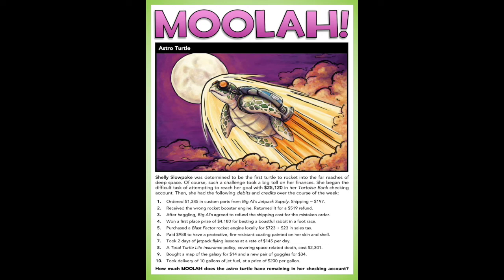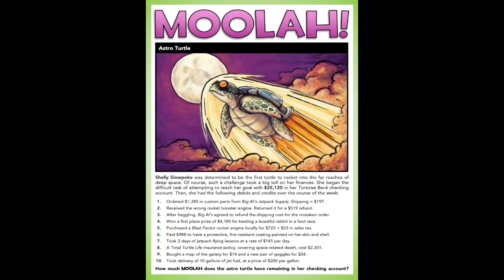Okay, ready? Step 6, paid $988 to have a protective, fire-resistant coating painted on her skin and shell. Good idea. So for step 6, she's paying $988. So think about what you need to do with the total. Ready?